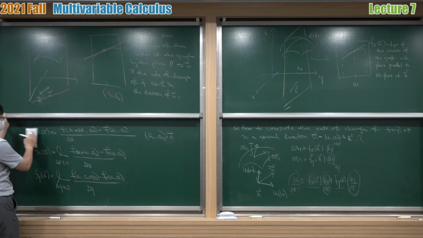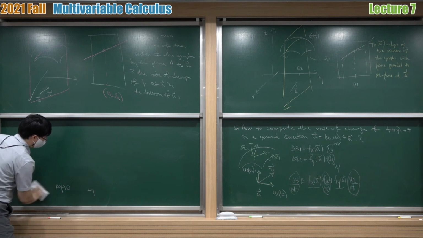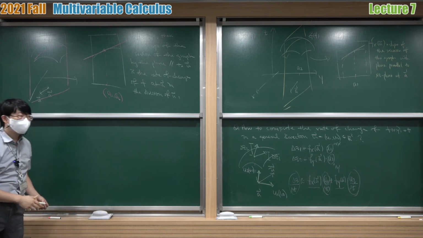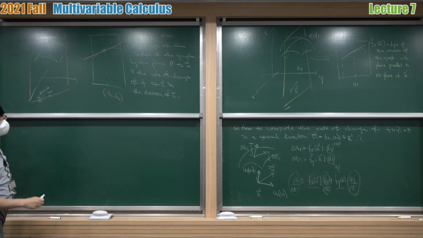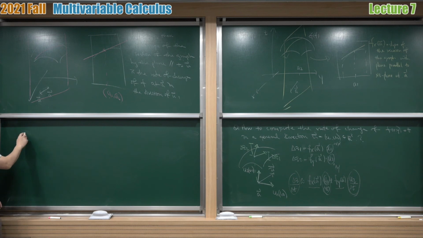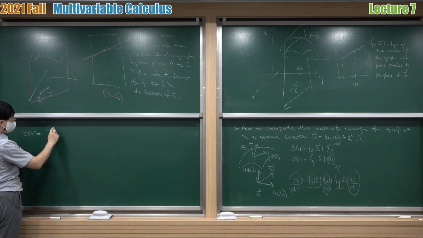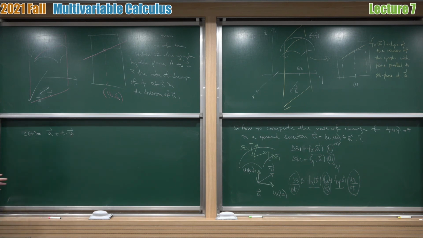Now, let's take an algebraic way to find the rate of change in the direction u. Suppose that u has coordinates u1, u2. Let's take c(t), which is a plus tu. This is the parametrization of a straight line.